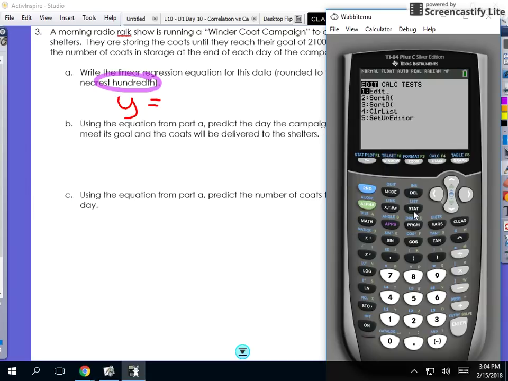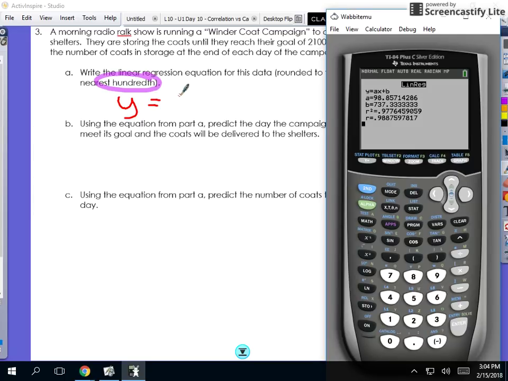Stat, over to calc, down to line 4, and calculate. All right, so our slope in this case is A, which is 98.857, yada, yada, yada. If we round to the nearest hundredth, look at the 7. The 7 rounds up because it's greater than 5.